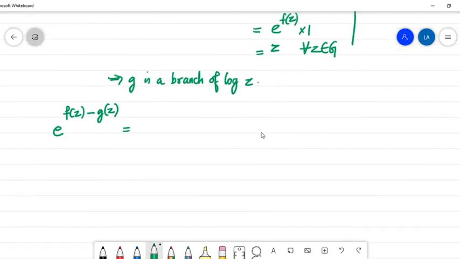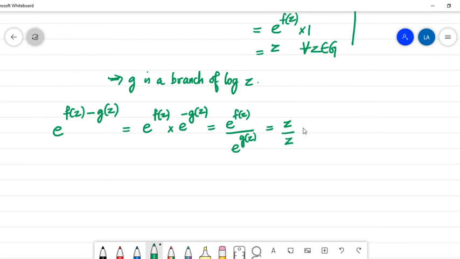You necessarily know this is equal to e raised to f of z into e raised to minus g of z, right? That is equal to e raised to f of z divided by e raised to g of z. These are the properties which we had seen while we were dealing with exponential functions. And both being branches of the logarithmic function, you get both of them to be z.